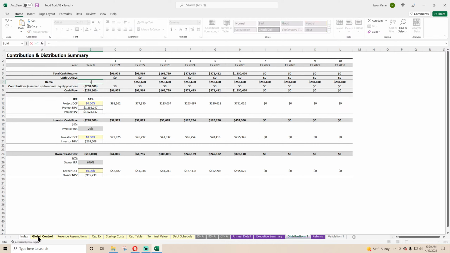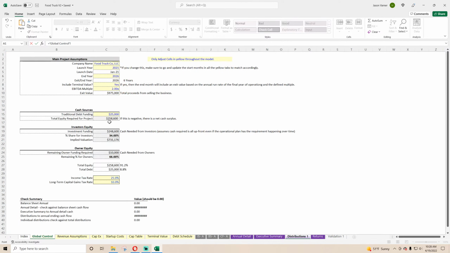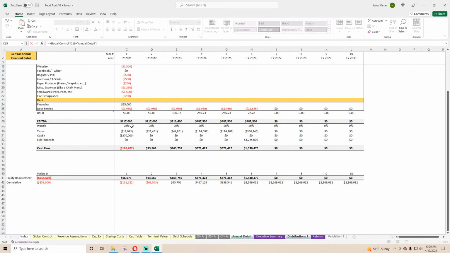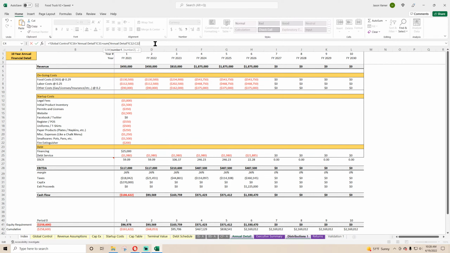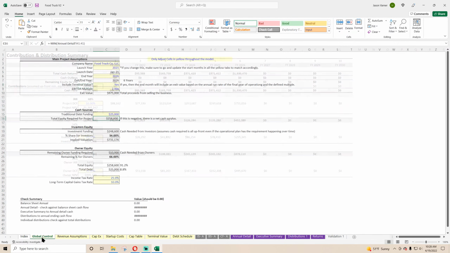So this is going to be total amount plus, actually it's probably going to be 0 here in this case, plus capex plus startup costs plus financing. Those are all the things that go into here. So 0, that makes sense. Contributions, yep, that's right, 258.8.